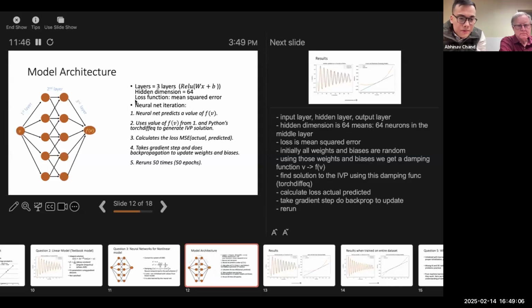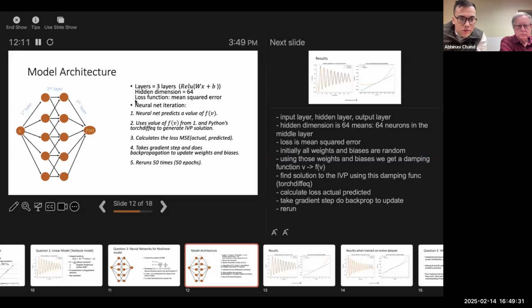And then in the third step, you calculate the loss. So you have the actual data and the data that's predicted by this model using the damping function. And we get an error, and then we take a gradient step to minimize the loss, and using backpropagation, we can update the weights and biases of the neural net.